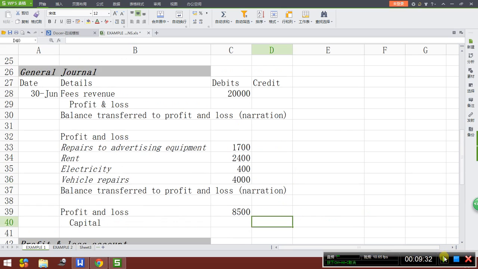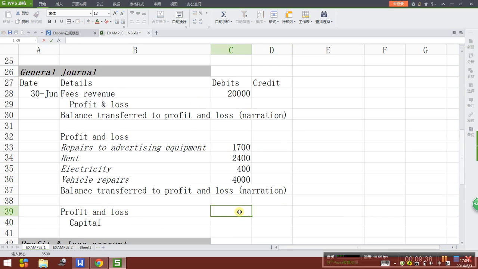Oh, sorry, I put this figure: 20,000 minus the total expenses is about 315,000. So the capital means the total revenue minus the total expenses, which is also this figure. So in there, the total profit and loss, it means I'm using the capital plus the total expenses, which is also the 20,000.